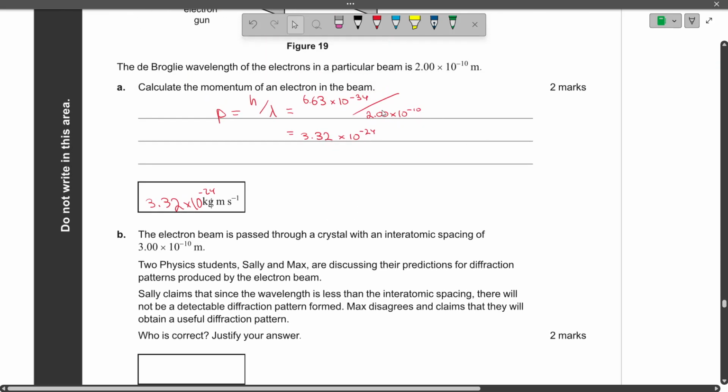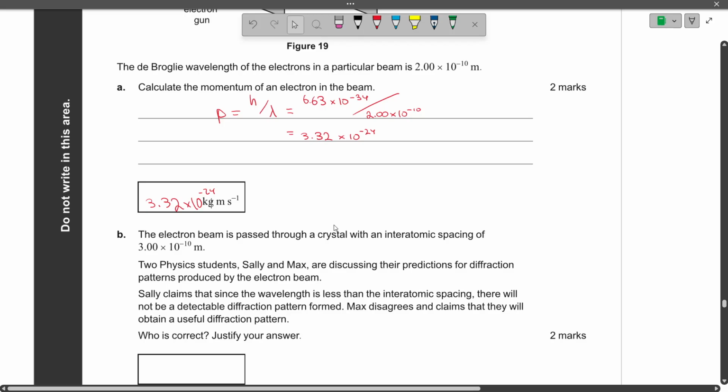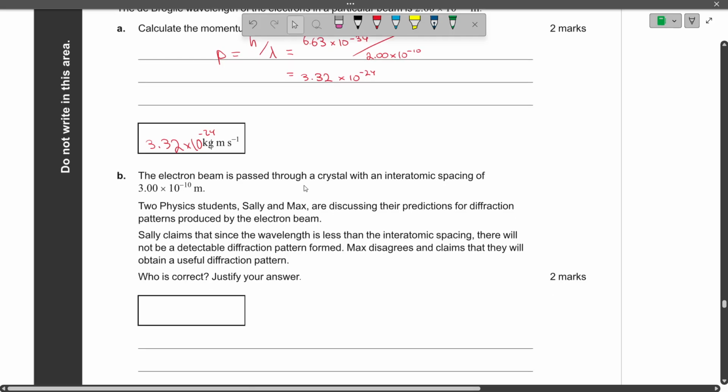When looking at whether you're going to notice diffraction, it's really when the gap or aperture has a width that's roughly the same order of magnitude as the wavelength. Don't get bogged down in the actual numbers themselves. It's the order of magnitude that we're dealing with.